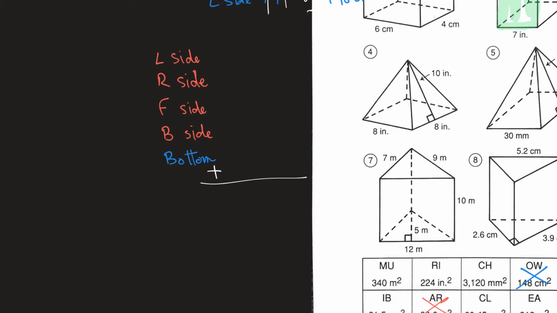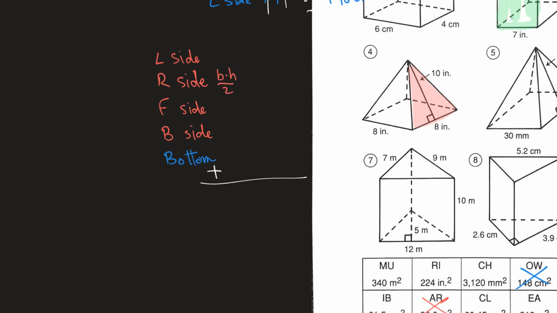So the left side is this one right here, the area of that triangle. Actually, what I should do is this. Let's take a look at this triangle here. This would be the right side here, according to what I have. So the area of a triangle is the base times the height divided by 2.